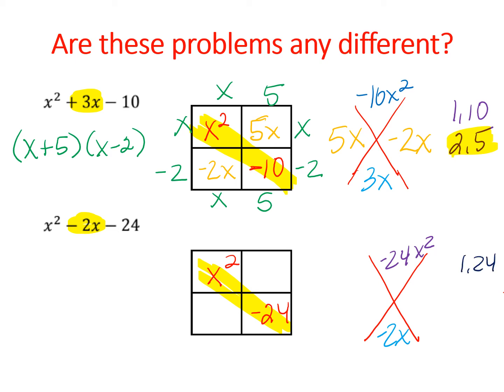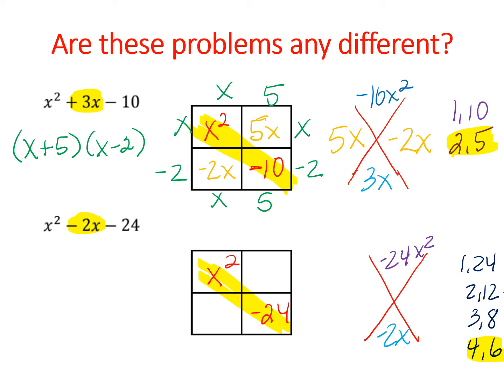1 times 24, 2 times 12, 3 times 8, 4 times 6. Oh, I think I found it. Because if I take the numbers 4 and 6, I think I can get a 2 from there. And now remember, I actually need a negative 2. So again, it doesn't matter where you write the numbers as long as you fill them in.